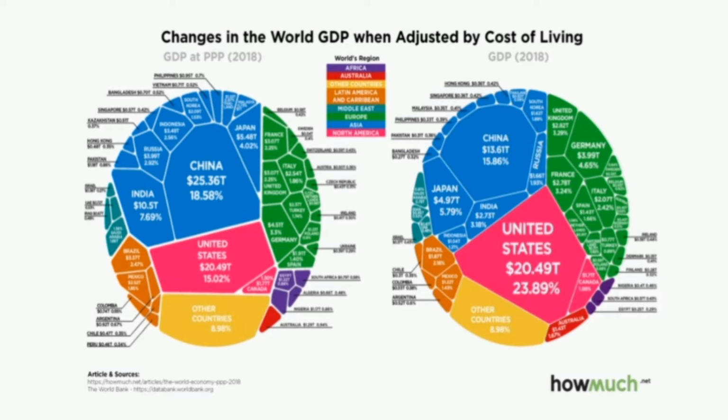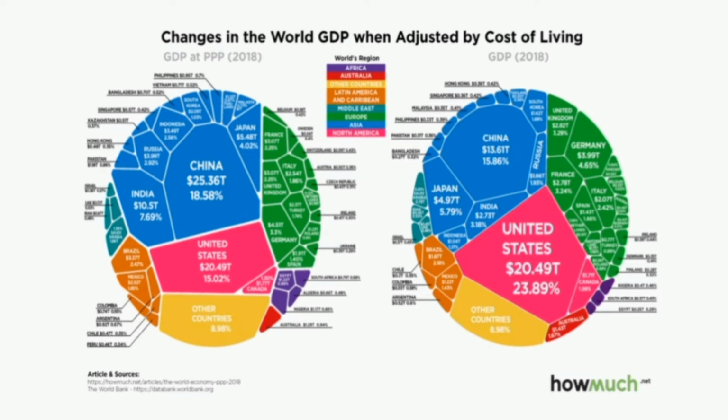So you can see that United States and China are bigger in this picture than all the rest of the countries. And you can easily see that only these two countries, I mean US and China, add up to about 40 to 45% of the world economy.